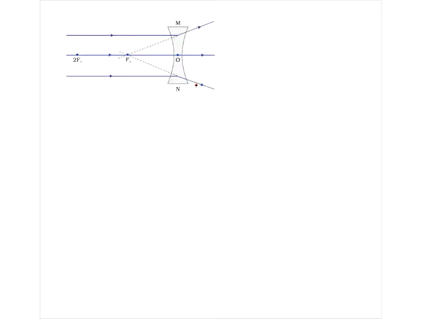The cases that we have discussed are for real object. If you have any questions up to this point, then let me know. As far as the mathematics involving distances is concerned, sign convention is the same.